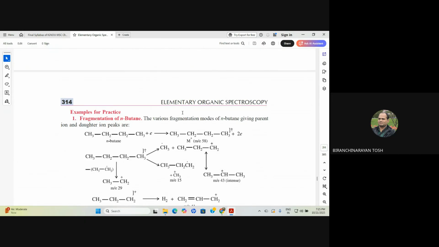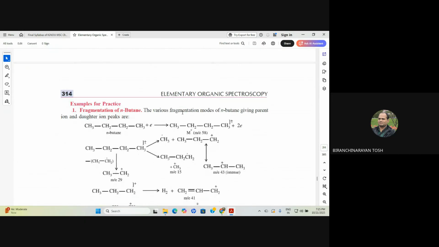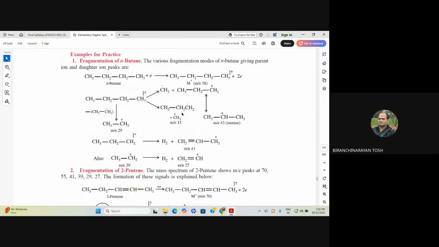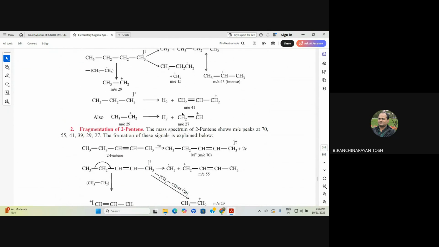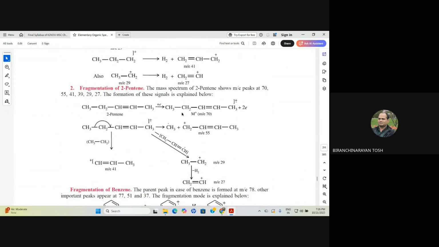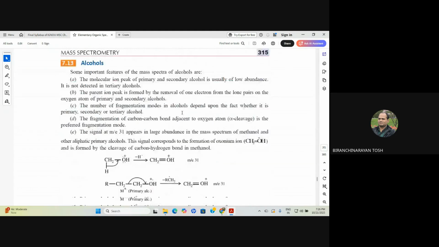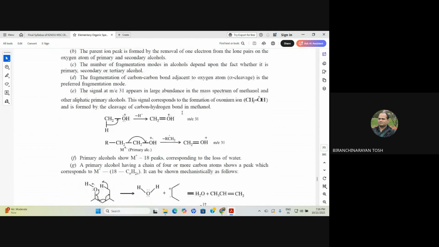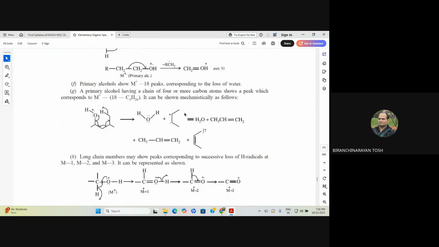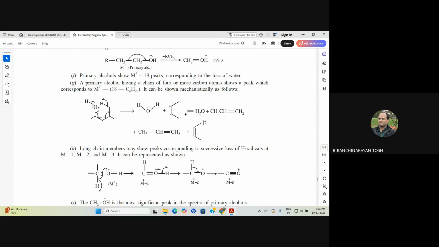Some examples are given for practice: fragmentation of n-butane, fragmentation of 2-pentene, fragmentation of benzene, how it occurs. Then moving towards the alcohols, different spectra, different fragmentation processes.